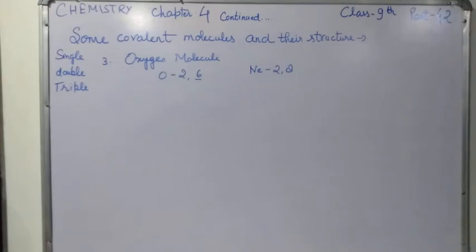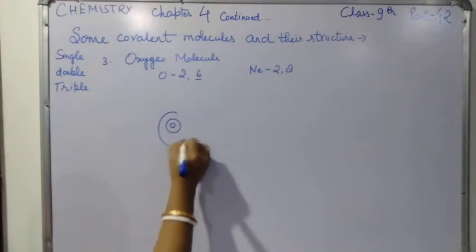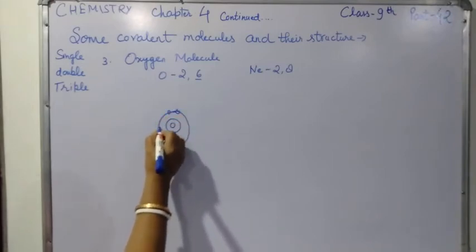So when 2 oxygen atoms come closer, each contributing 2 electrons, they have 2 shared pairs of electrons. So the structure will be: this is oxygen, with 6 electrons in its outermost shell.